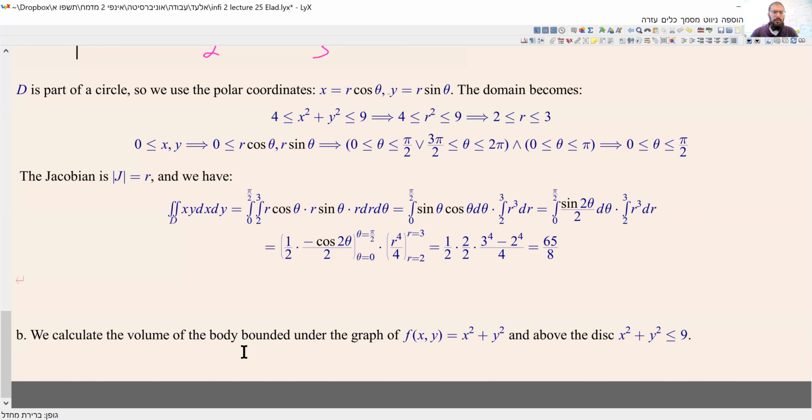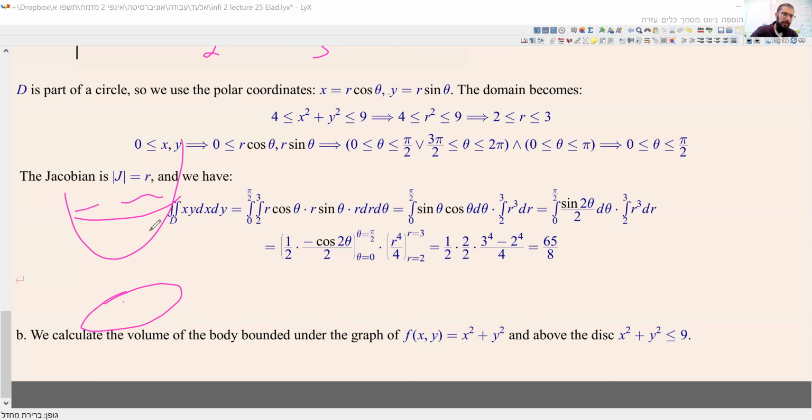So, as we mentioned on Sunday, geometrically speaking, the integral of the function describes this volume. As the integral of a one variable function describes the area between its graph and the x-axis, the double integral of a function of two variables describes the volume between f and the circle. I won't draw it pretty good, but let's say we have the circle here and we have the graph above it, some three-dimensional graph.